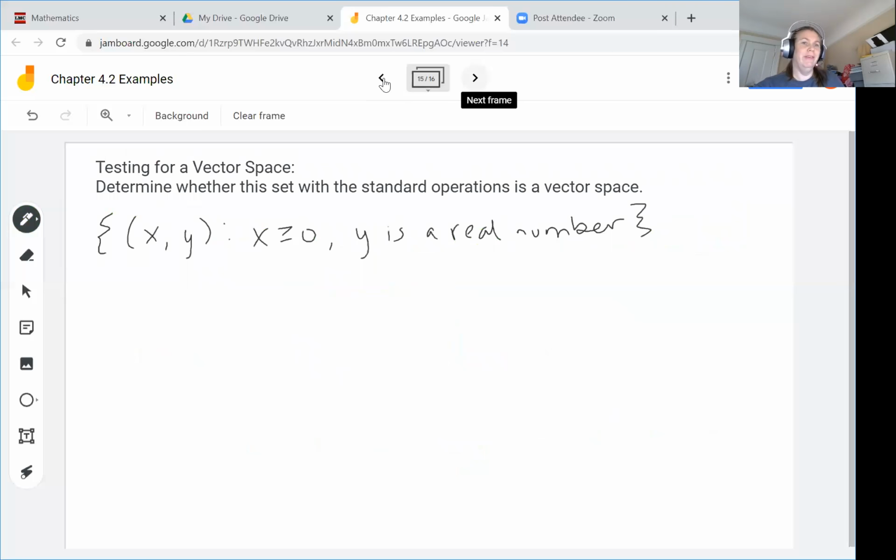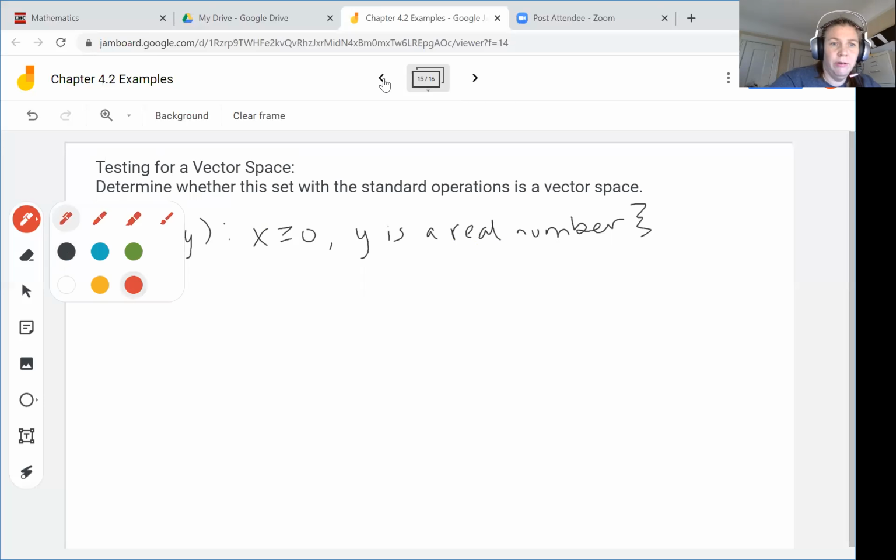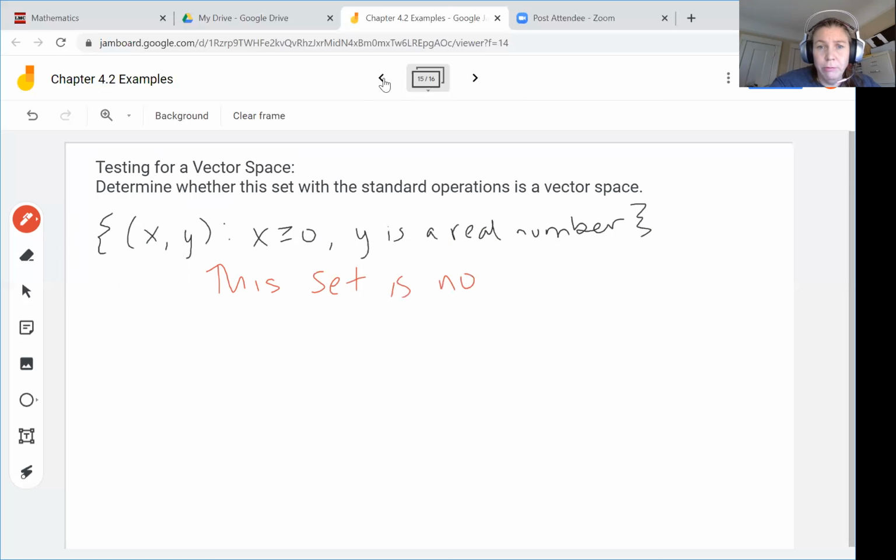All right, so now here's the set of ordered pairs x and y, where x has to be greater than 0, and y can be any real number. So this is not going to be closed under scalar multiplication. It would be closed under addition if you checked it, because a positive plus a positive stays positive, and a real number plus a real number stays a real number.